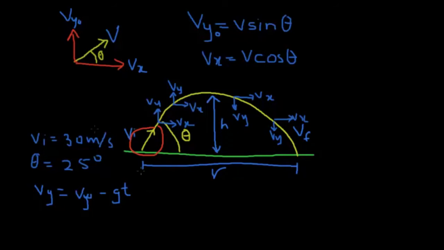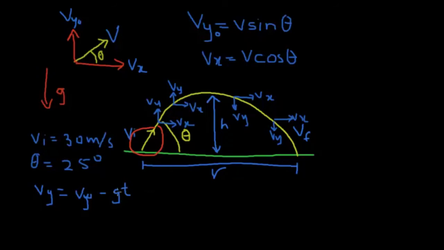Now a few things to note here are why is the gravity negative? Gravity is negative because it acts downwards. So anything going downwards is treated as a negative. Anything going upwards is treated as positive.